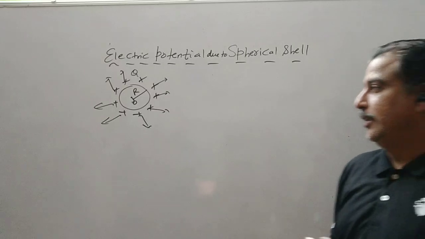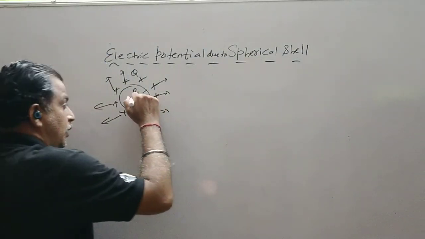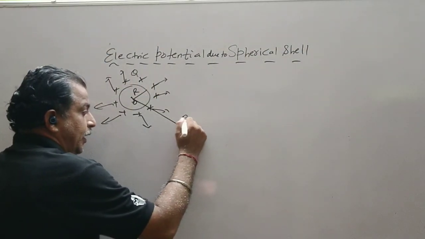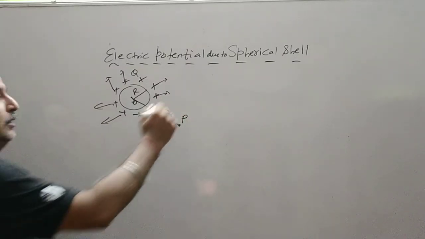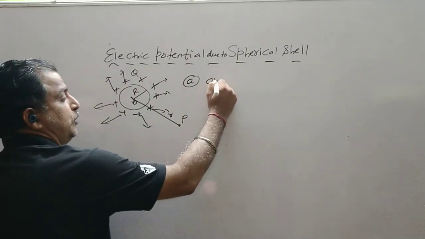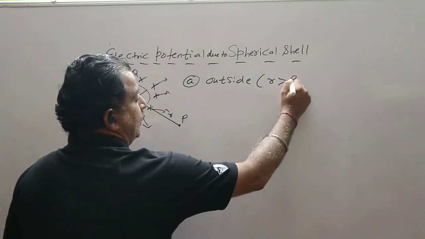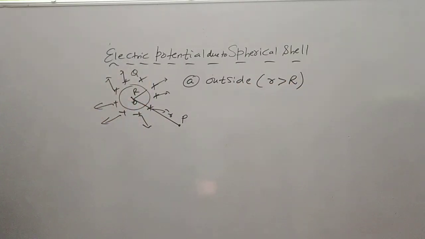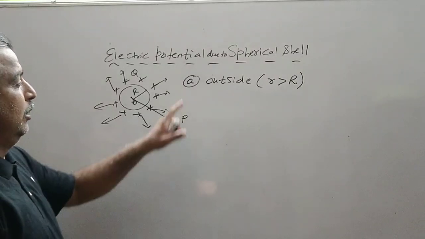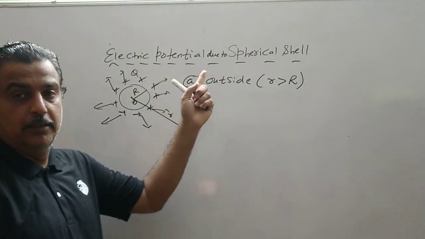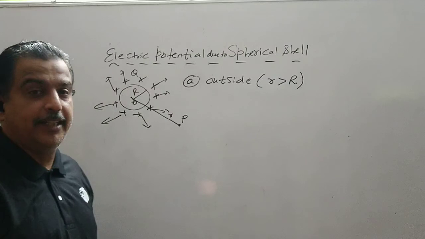For outside, suppose the point P is at a distance r. So number 1, outside, that is r is greater than capital R. If we have to do the method, first we write down the electric field intensity.